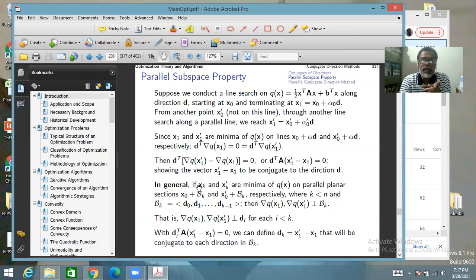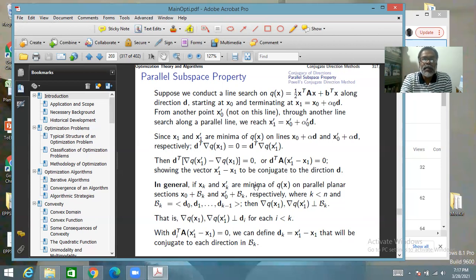And that means that the converged points after the line search, xk and xk prime, are minima over the parallel sections. Here also the gradient is orthogonal to the entire subspace, here also on the entire subspace.